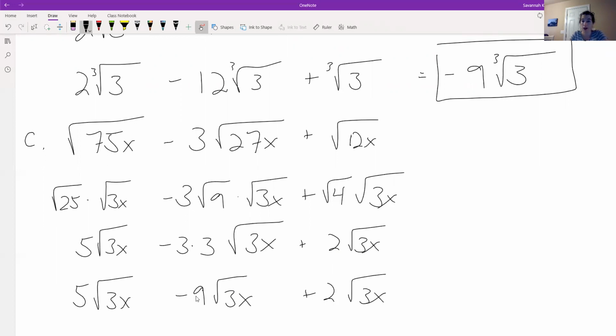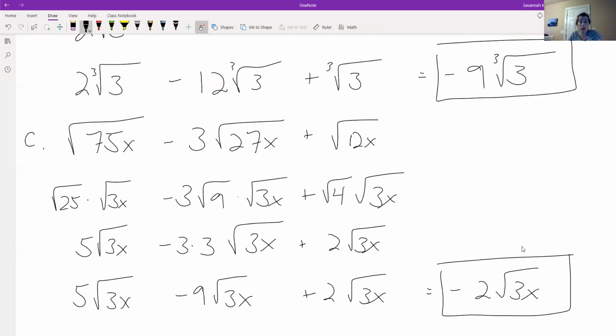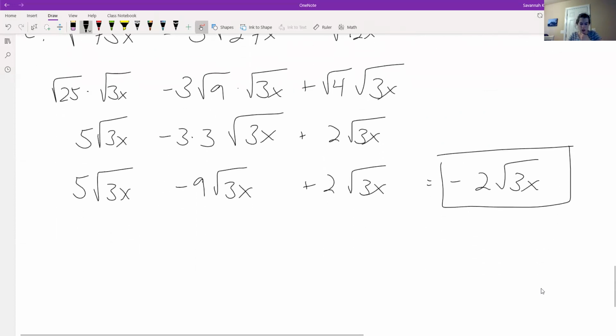Okay, 5 minus 9, that's -4, plus 2, -2, and the root is just along for the ride. Addition and subtraction do not change the root. Now, multiplication and division would mess with the root big time, but addition and subtraction do not.